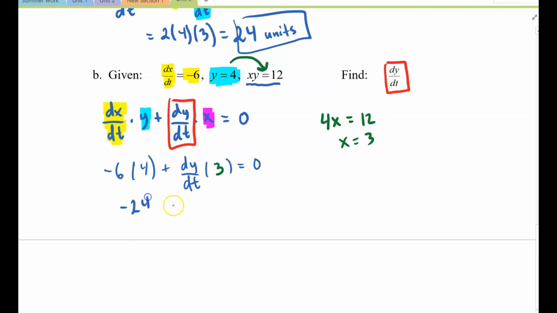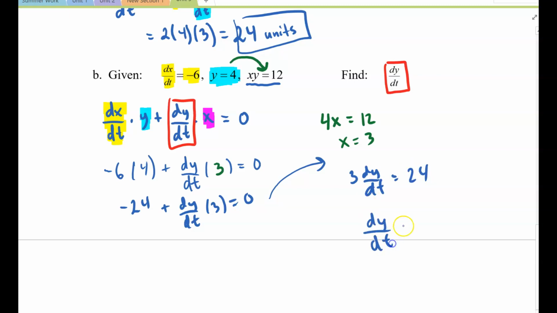So -24 plus dy/dt times 3 is equal to 0, which tells us that 3 times dy/dt is equal to positive 24, which means dy/dt is equal to 8.